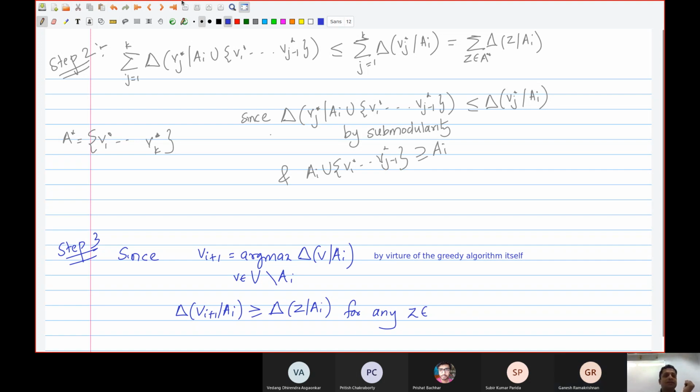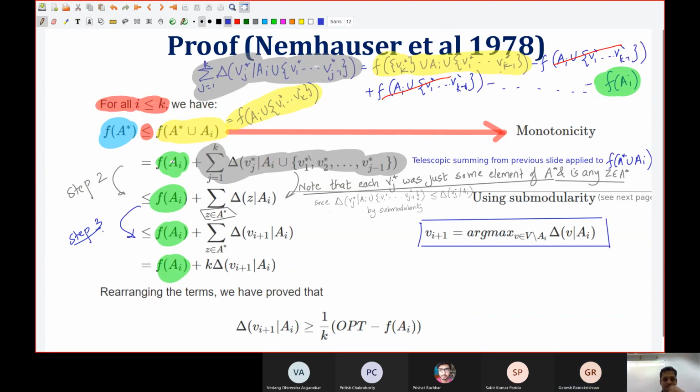Any Z in. So let's look at this inequality again, right? You want to make sure that this Z is only with respect to those points which are not in AI. Z in A star. How do you assure that? Maybe somebody can argue about the set. Can Z be a part of AI? Can Z as part of AI give you better gain than some Z not in AI?